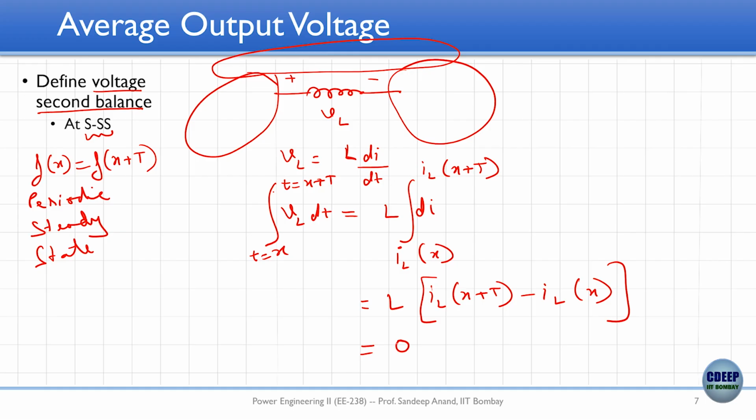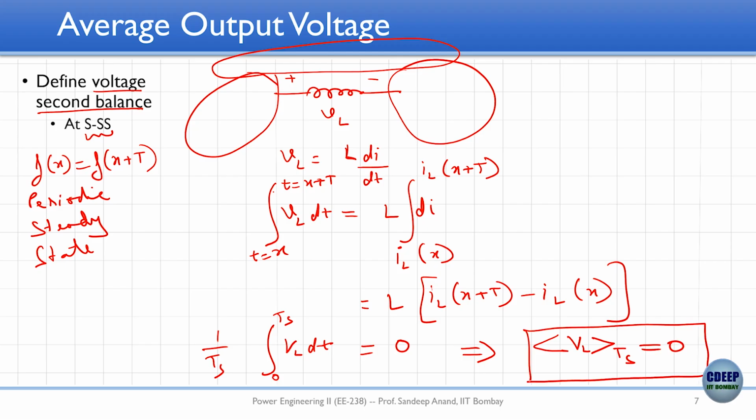So this would be 0, and this means on the left side the integral of the inductor voltage over a period of time Ts, from 0 to Ts or x to x plus Ts, anything, would be equal to 0. This can also be written, if you do 1 by Ts on both sides, as the average inductor voltage over Ts is equal to 0. It's the same thing.